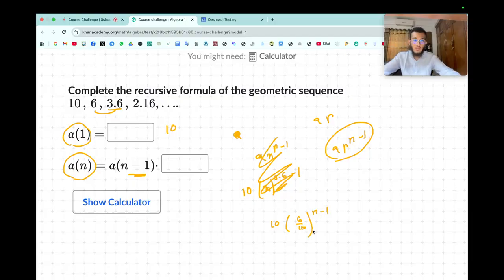This is what they are asking us, but they've already given us the recursive formula. So this is the iterative one. We have to find the recursive formula of the geometric sequence. So which means a times the previous term, the n minus 1 term.